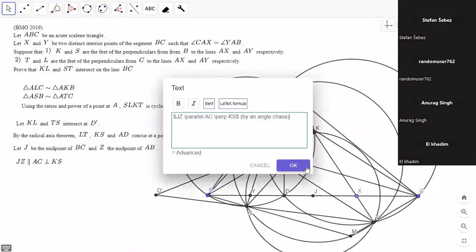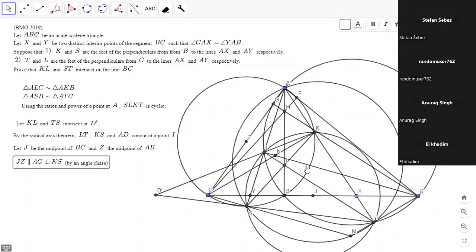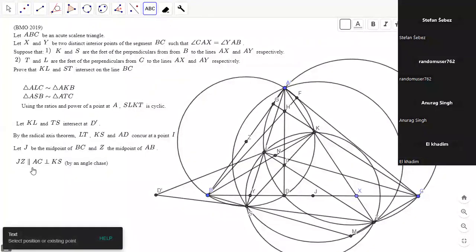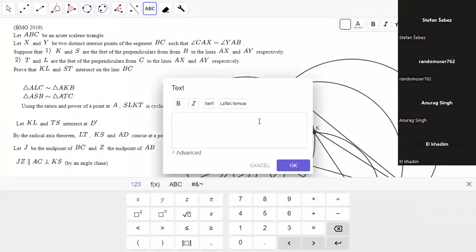And then that implies that since ZK equals ZS, then JK equals JS.